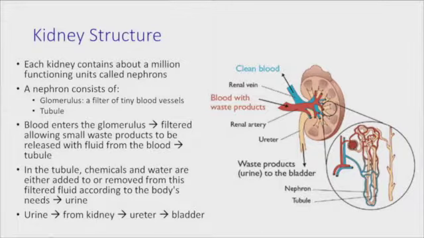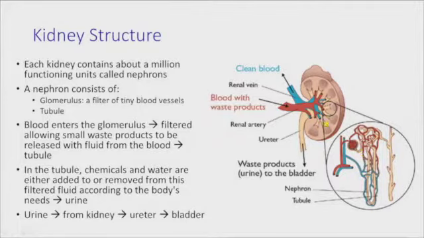A glomerulus is basically a filtering unit. It's like a small filter with a lot of tiny blood vessels. And this glomerulus is connected to a tubule. So this is the glomeruli with very tiny small vessels, and it is followed by a tubule that is surrounded by other small vessels too.